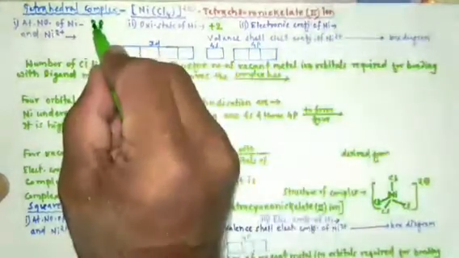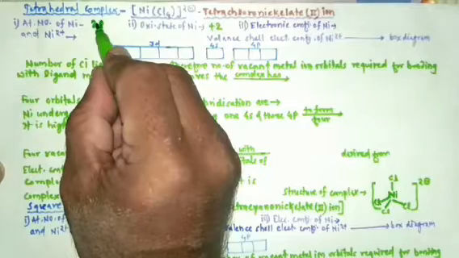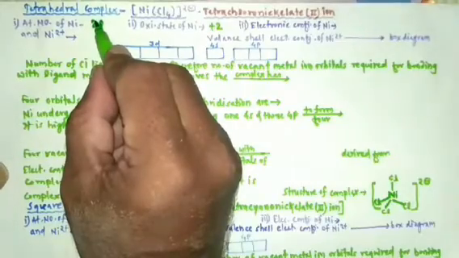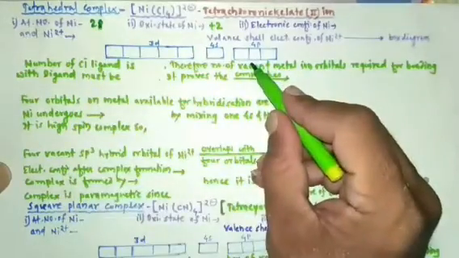So by knowing the atomic number of an element, we can assign its electronic configuration by using the Aufbau principle and Hund's multiplicity rule.